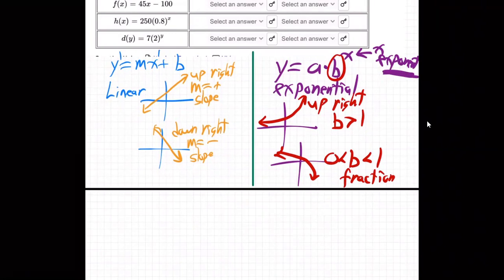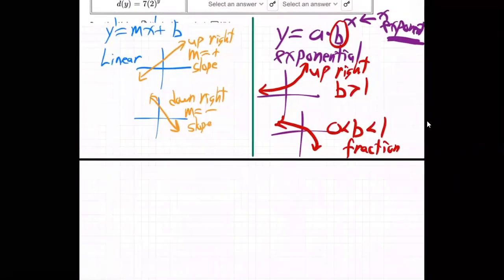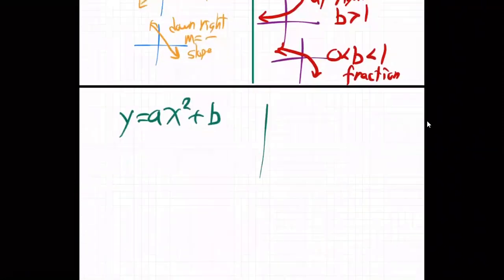So let me show you a third thing that really isn't being addressed right now, but it's important that you know if you're going forward in math and science. And I think you just put them all together. What if we had like x squared? Let's just say ax squared plus b or whatever. Now that's a U-shape, isn't it?